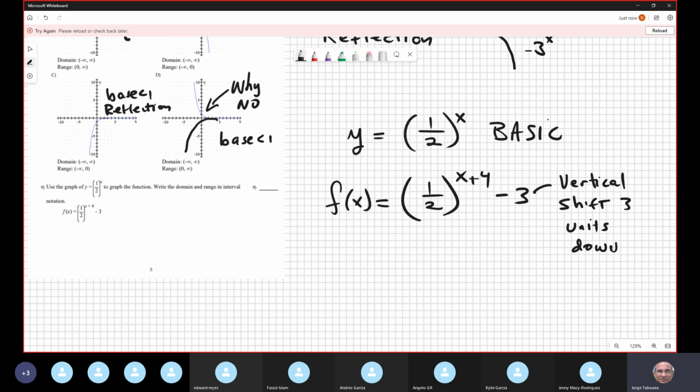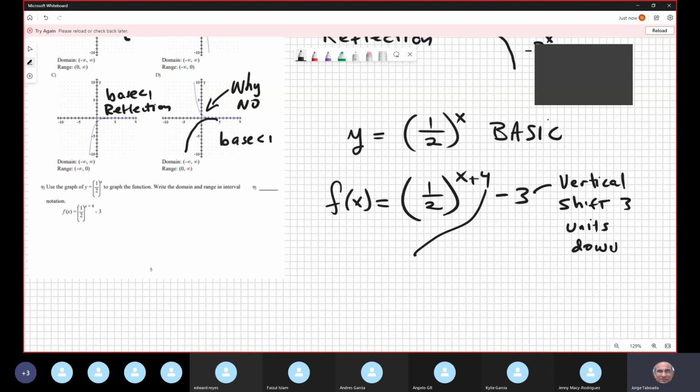Edward, Claudia, Jenny. It's 4 to the left. It's a horizontal shift, no? Okay, Jenny says this 4 indicates a horizontal shift. Four units to the left because it's positive.